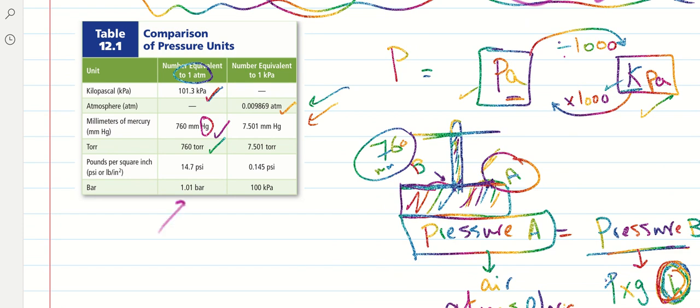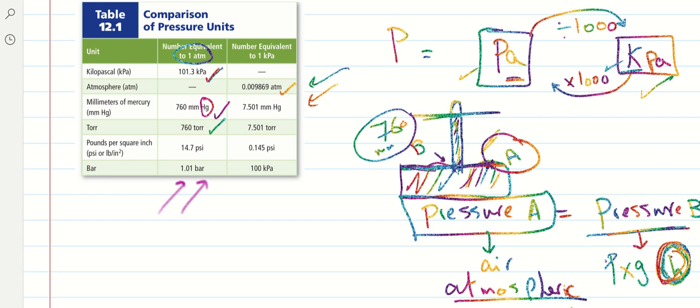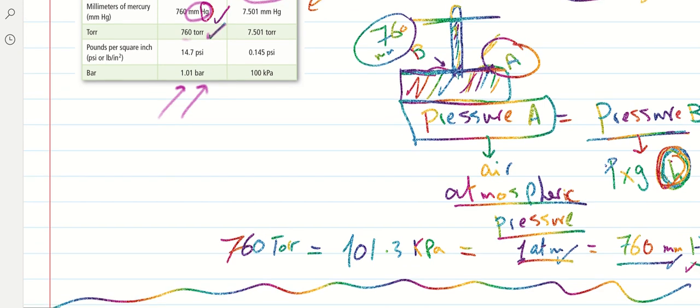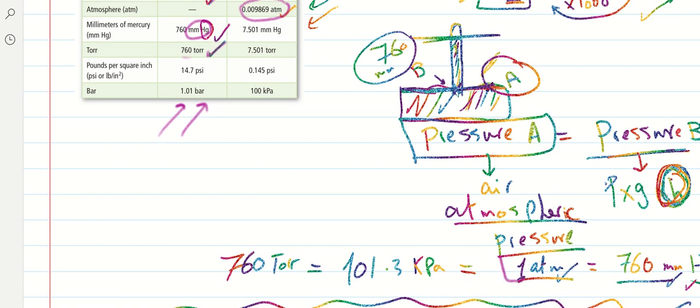This is to memorize. You have to memorize this table. But I think after my explanation, now you know what the kilopascal is, what the millimeter mercury is, and torr is 760 also, and what the atmospheric pressure is. And from this, you can understand that 1 atmospheric pressure equals 760 millimeter mercury.